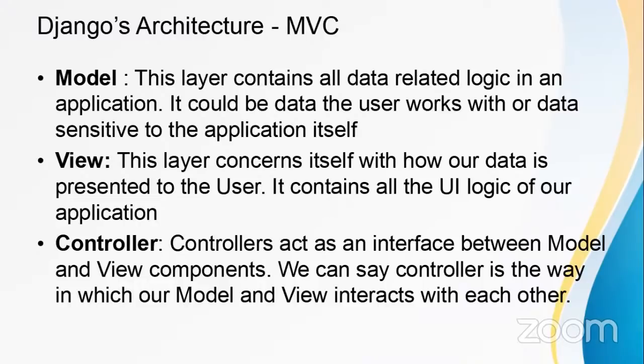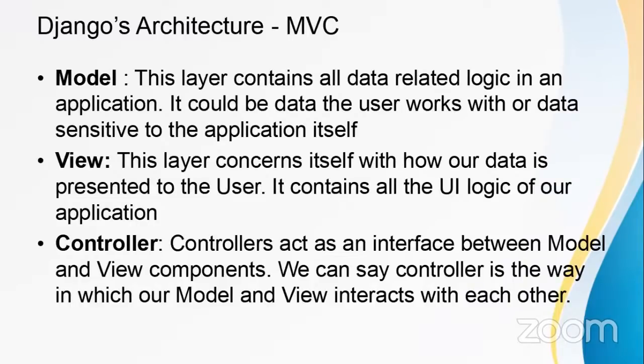All that logic will be specified in the model part of the application. So it literally has to do with all the data related to the application. Now, the view is the part of the application that the user sees. Let's take, for example, google.com. We go to google.com, we type in whatever we want to search, and we click enter.